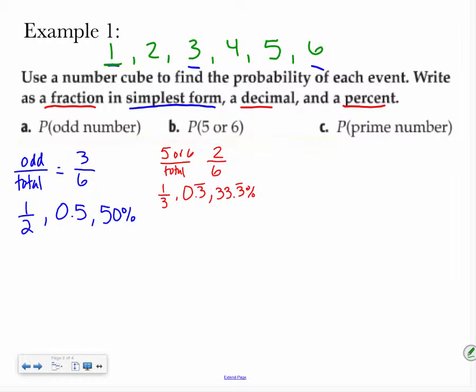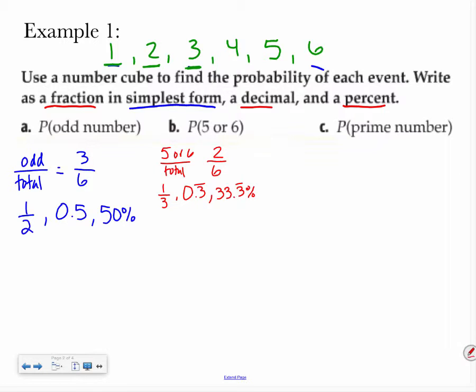Another prime number could be what? 2, 3. Does 4 work? 2 times 2 gives us 4, so we know 4 is not prime. What about 5? 5 is 1 times 5, that's it. So that is prime. And 6, you could write as 2 times 3.